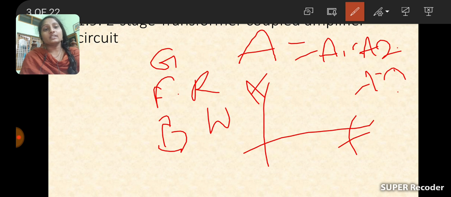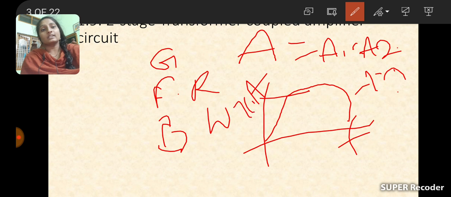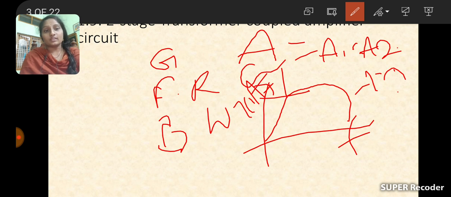For example, in this frequency curve, where it will attain 70.7% of gain, that range of frequencies which attains 70.7% of the maximum value of its gain is called bandwidth. How many parameters are there for a multi-stage amplifier? Three parameters: gain, frequency response, bandwidth.